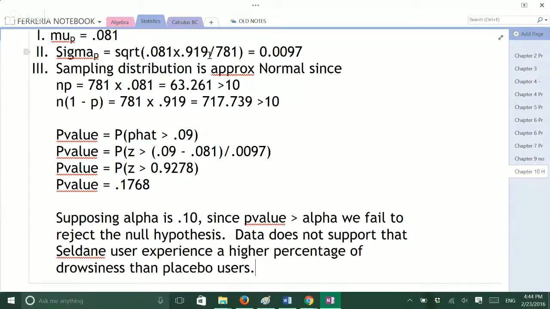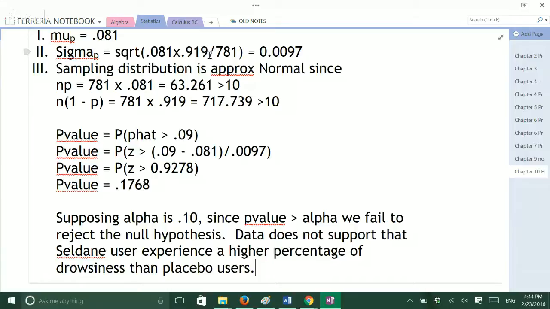Since our test statistic isn't all that rare, we can't say that our sample is inconsistent with the hypothesis.